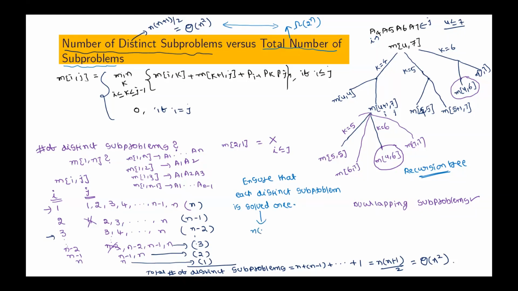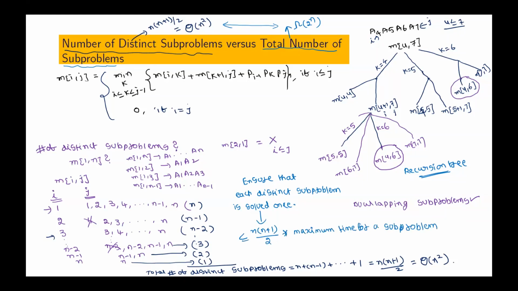n into n plus 1 by 2, that is theta of n squared, into the maximum time for a subproblem. Is that correct?